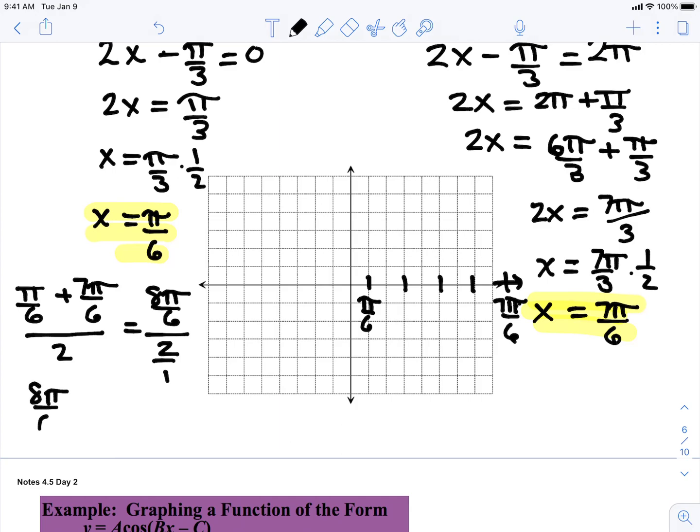So 8 pi over 6, change it to multiplication, and then flip it. Multiply across, and then simplify. So we have a common factor of 4, so it's 2 pi over 3. So that's our halfway point.